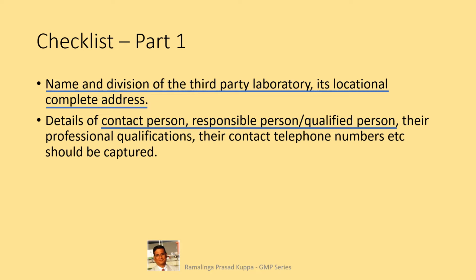These should be captured. Contact person's details are required for logistics of the contract agreement, whereas qualified person's details are required for attributing the authenticity of the data provided by the contract laboratory. The qualified person is also called as responsible person for quality of the data.